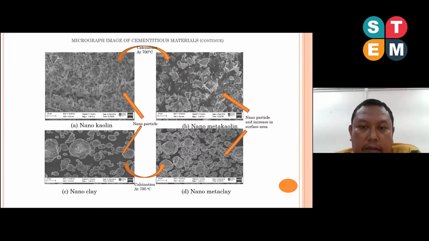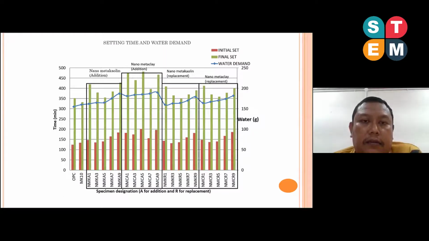Okay, right. So these are the setting time and water demand. It's very clear. Nanometakaolin and nanometaclay as addition increase the water demand of cement paste.